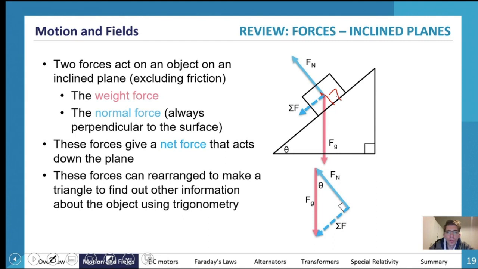For the weight force, they are looking that you guys draw it from the center of an object's mass straight down. They want you to annotate very well the forces, right?